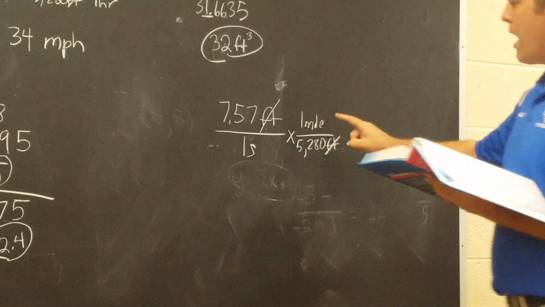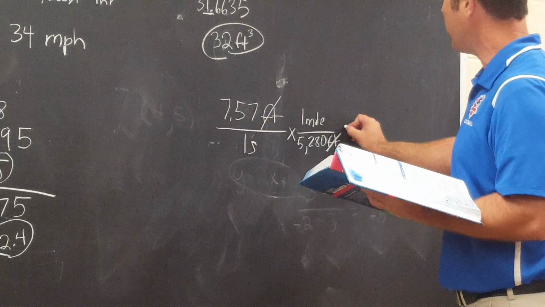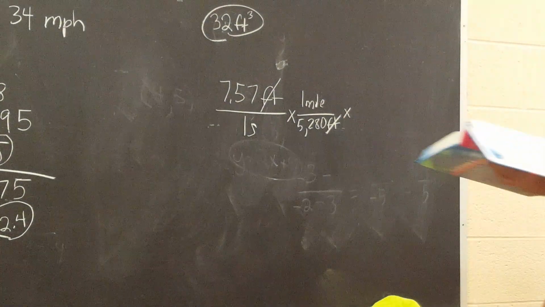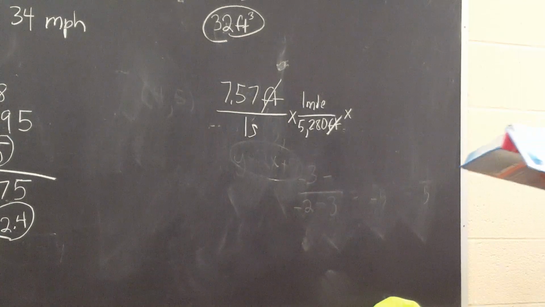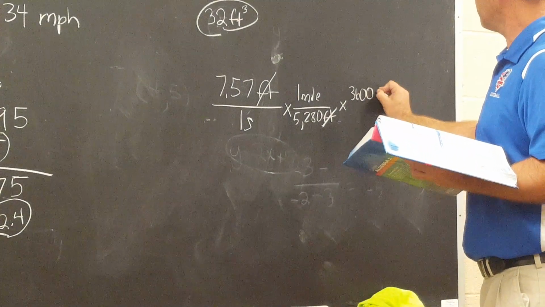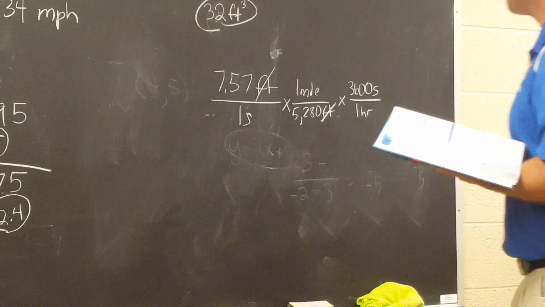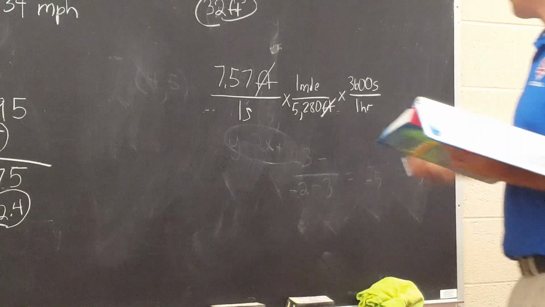Cancel that. Now we have miles per second. We want miles per hour, so we've got to convert seconds to hours. Again, we can just use one conversion if we can remember that one: 3,600 seconds is equal to 1 hour. Seconds are going to cancel out.